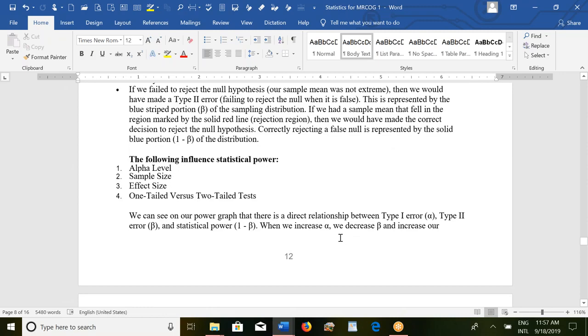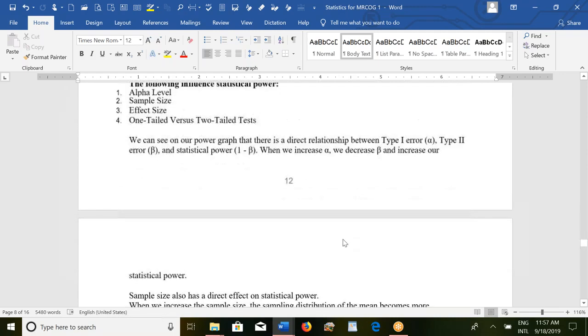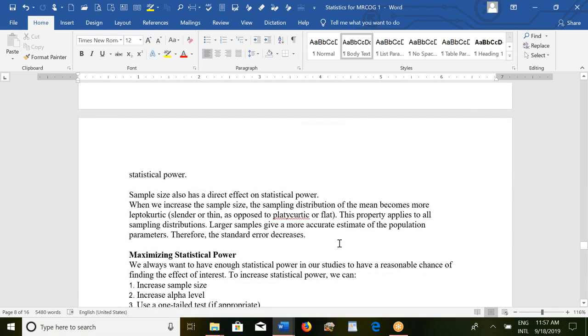When we increase alpha, we decrease beta, and we increase our statistical power. Sample size also has a direct effect on statistical power. When we increase the sample size, the sampling distribution of the mean becomes more leptokurtic, which means slender or thin, as opposed to flat or platykurtic.